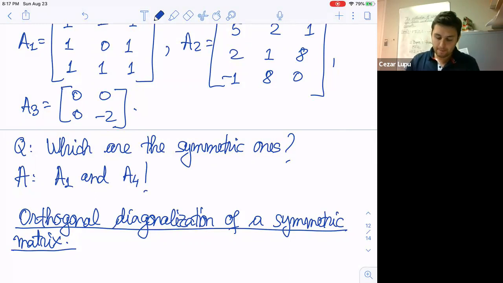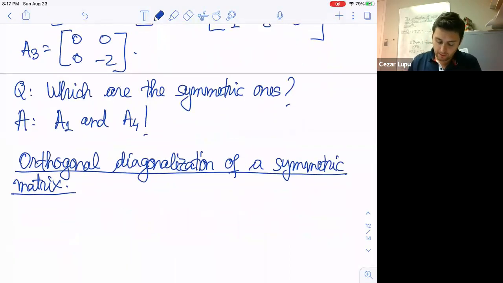Okay. Now, let's see. Let A be an n by n matrix.